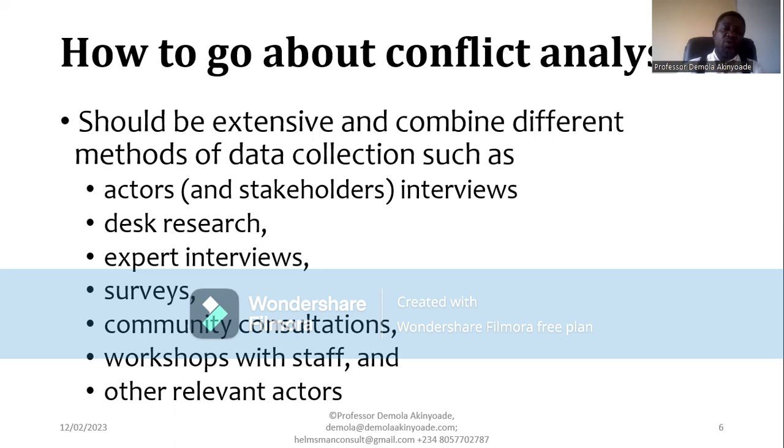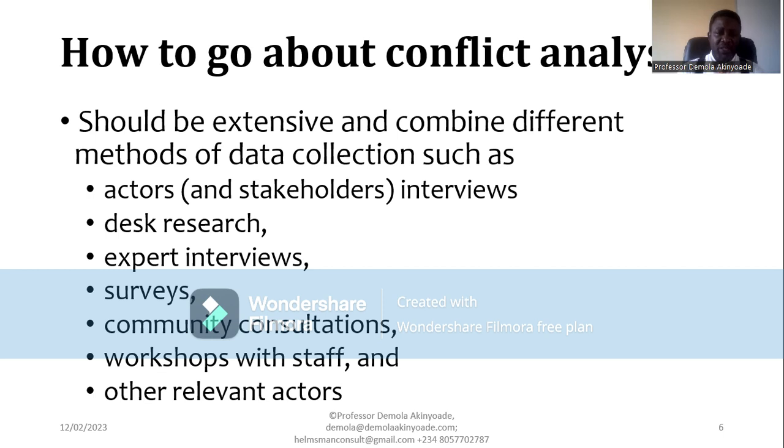Also, we do community consultations, where we go and meet the community in market spaces, marketplace meetings, town hall meetings. Sometimes we meet specific groups in the community, traditional rulers, youth groups, depending on issues that came up during mapping. Don't forget, before analysis, we need to map.